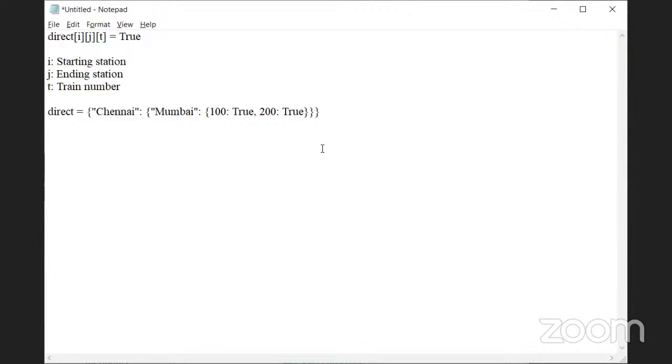Apart from that, this is the first dictionary which is there for Mumbai. After that, I am putting one more station, maybe let's say Delhi. Now just follow these brackets carefully. This is where Mumbai ends. So Delhi, we are checking against Chennai.